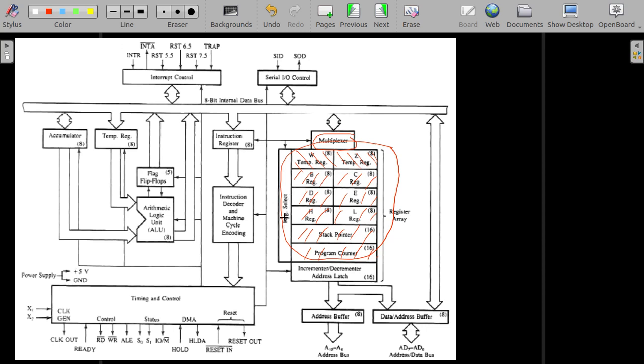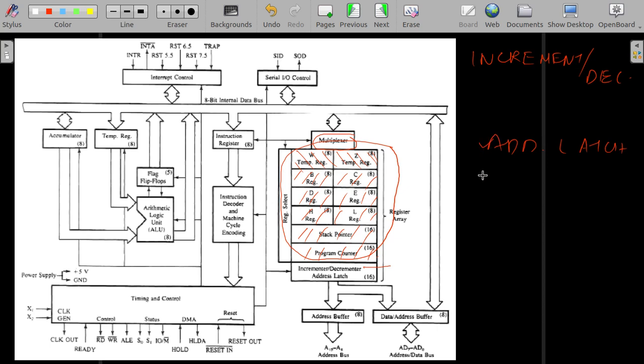Okay, then there is a register select. This is a logical mechanism to select which register is to be used depending on the control signal coming in. Then there are two things: the increment/decrement block and the address latch.